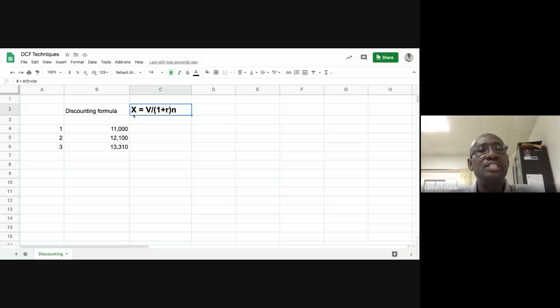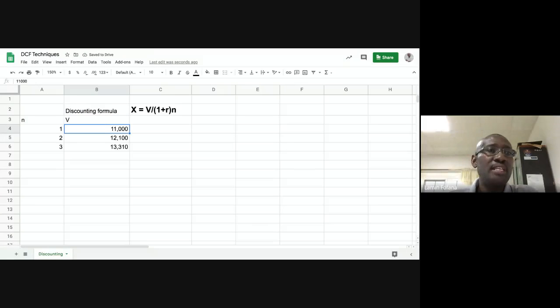Today's value is denoted with X, is equal to V, the future value, divided by (1 plus R). R is the rate, the interest rate. Bracket closes, to the power N. N is the number of years. So here, this will be our X, and this will be our V.